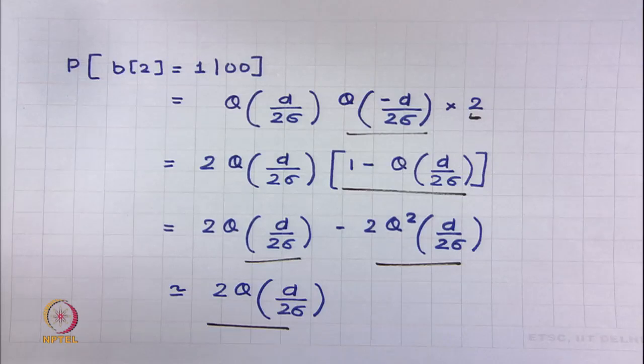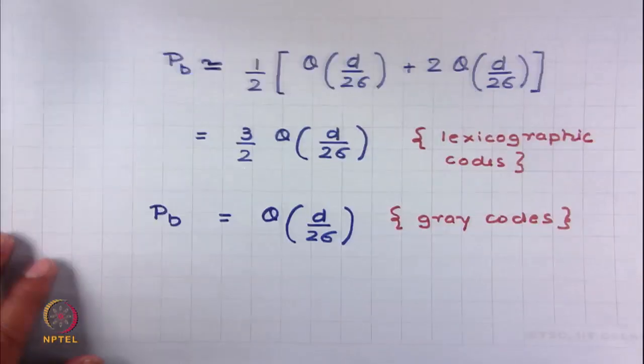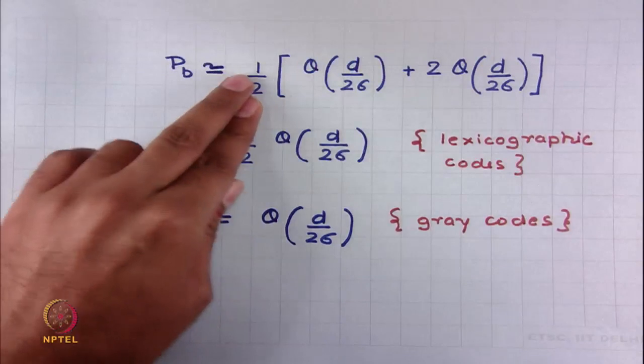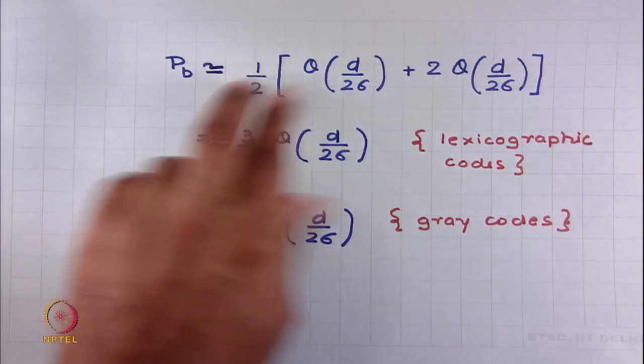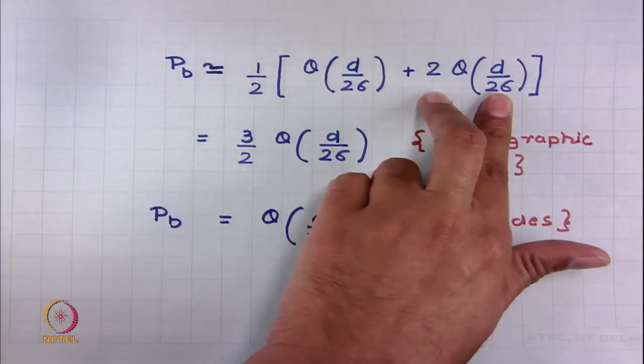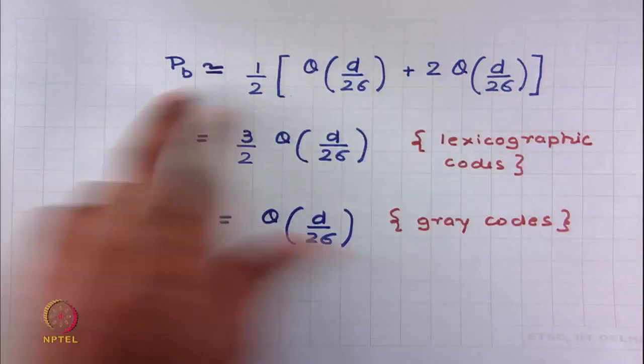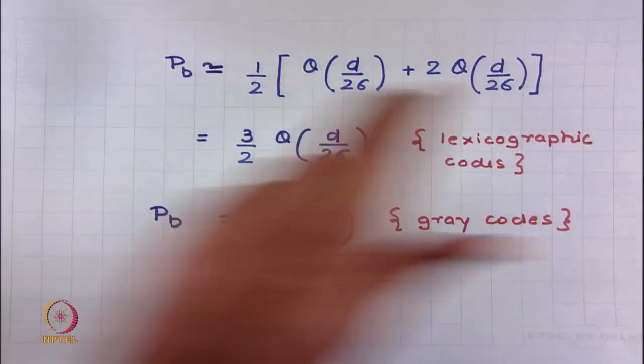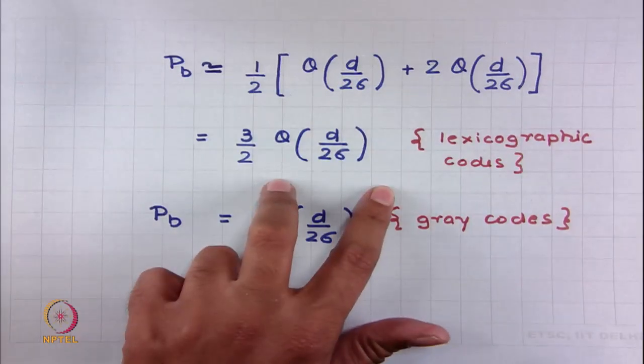So, what is the overall probability of being in error? There are 2 bits, the probability of the first bit being in error is this, the probability of the second bit being in error is this. The overall probability of error is this plus this divided by 2, which is this.